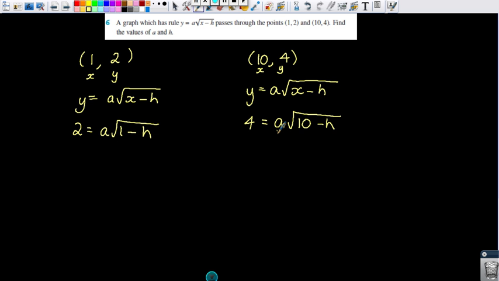Both methods are sensible. You could rearrange both and have a equals, and then make them equal each other. You could just rearrange one and sub one into the other.